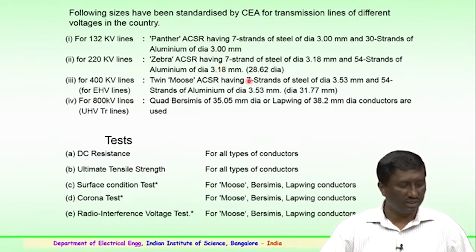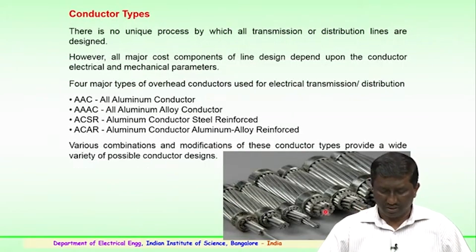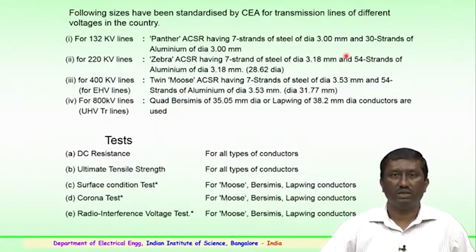This size is used for 132 kV lines. Typically, the overall dimension of the conductor could be 24 to 26 mm dia.